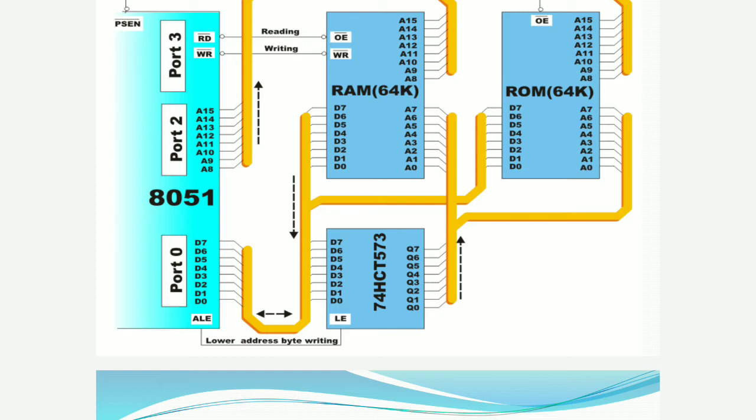And one more thing is that the ALE signal is available in 8051, at I think pin number 30. So the ALE signal is connected to the latch enable of the latch IC. So whatever signal is there, we have to activate again with the help of the ALE signal.